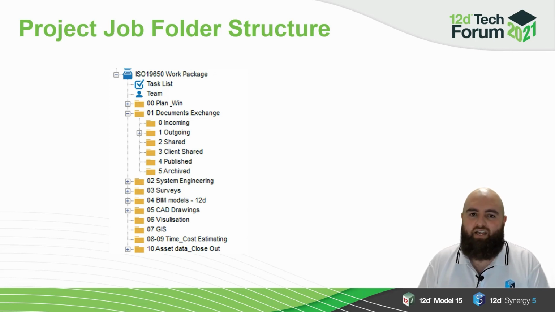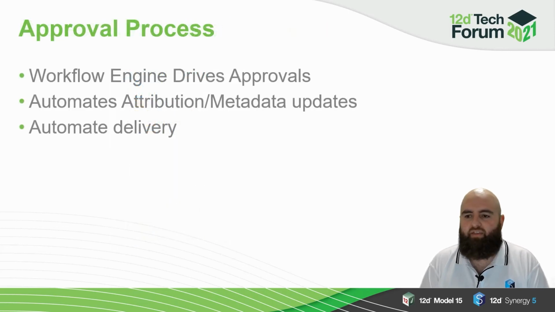The client shared, they can only access information that they have approval to access, which will be in the client shared folder. So there's a little practical application of why you might make some minor edits to your folder structures based off the standard that you're following.